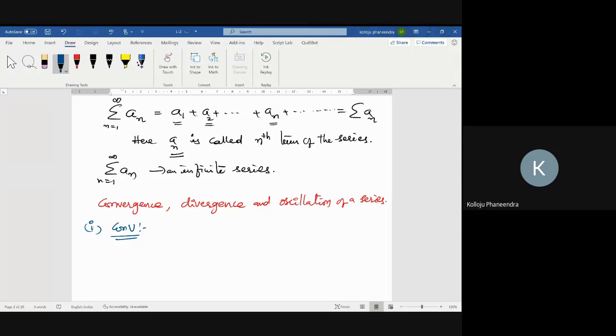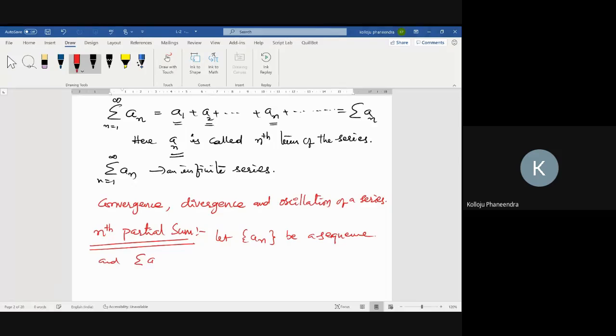And before going to this convergent, let me define one property: nth partial sum. What is meant by nth partial sum? Let an be a sequence, and sigma an be an infinite series.